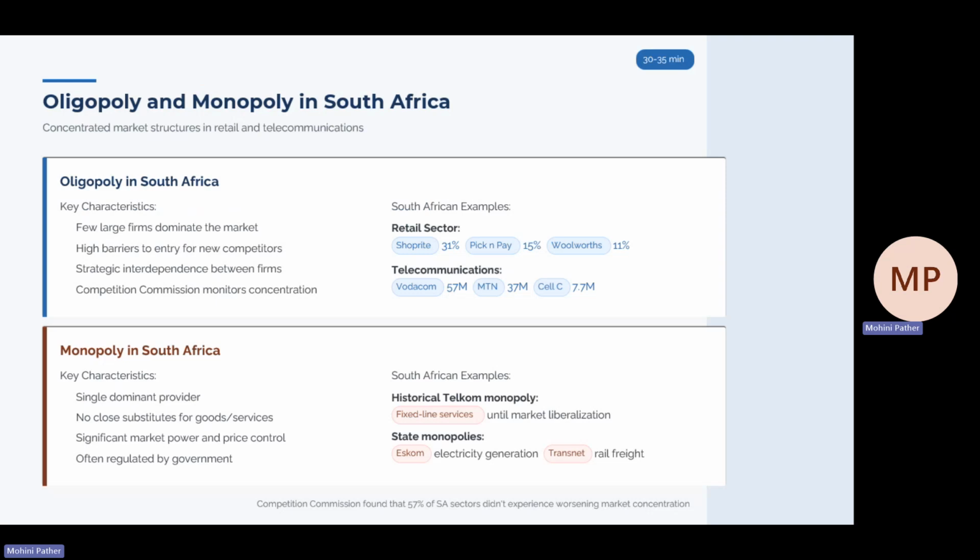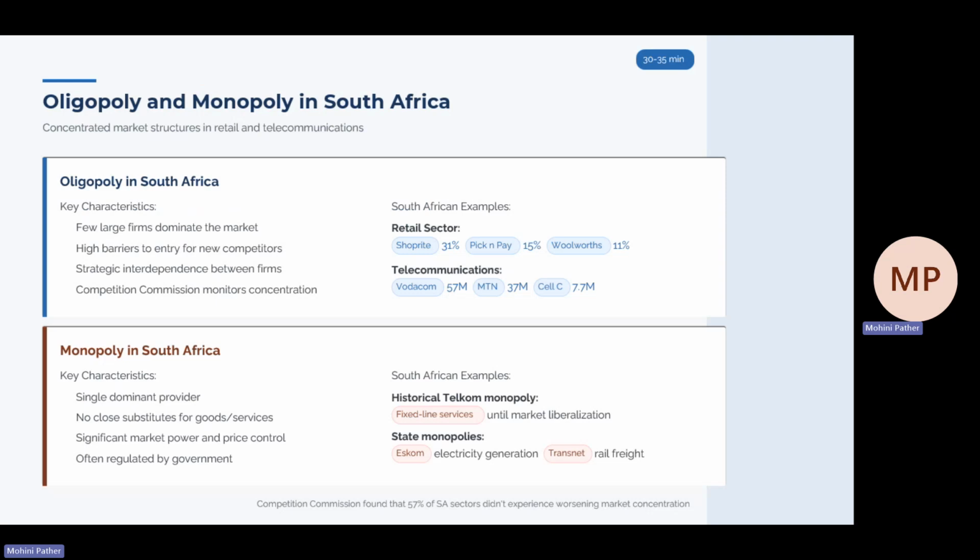Then, of course, you have Monopoly. Eskom is our perfect example there. We also have Transnet, which is rail and freight. So historically, with of course, telecom historically as well, because we had fixed line services until the market was liberated by technology and we all moved on to other telecommunication platforms.